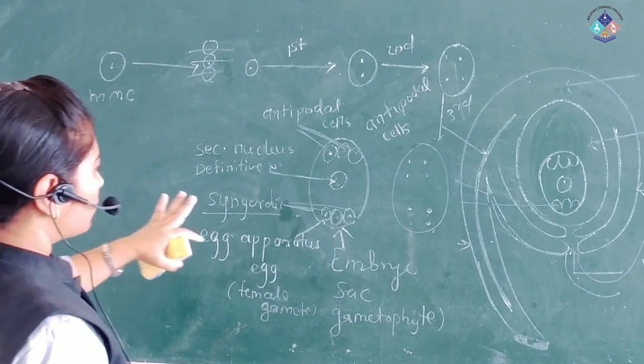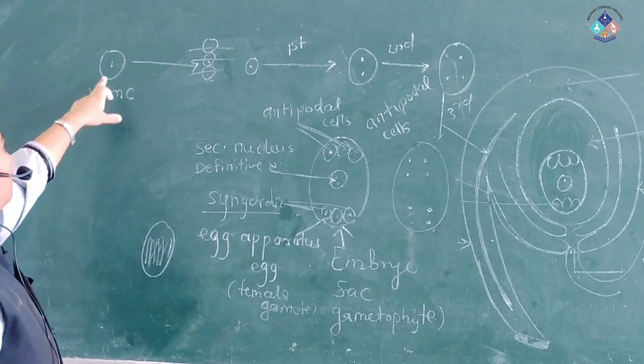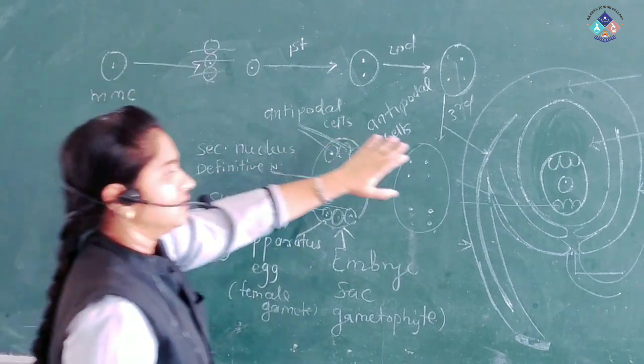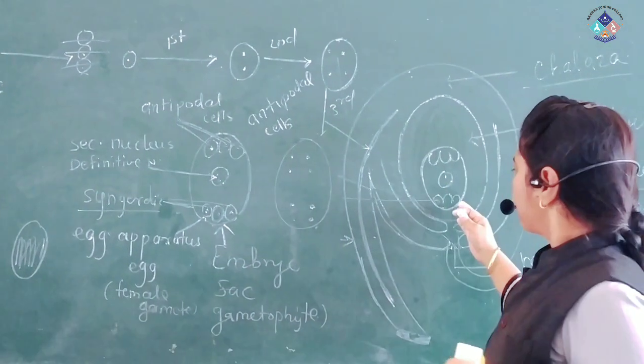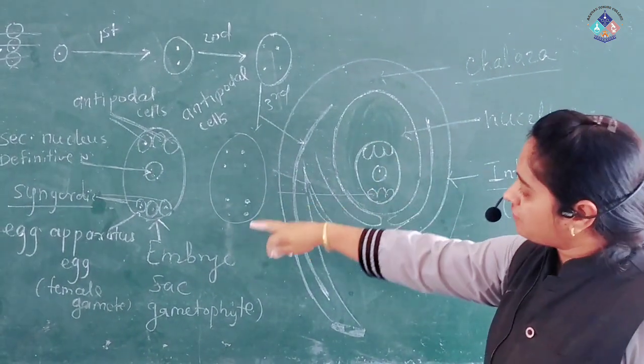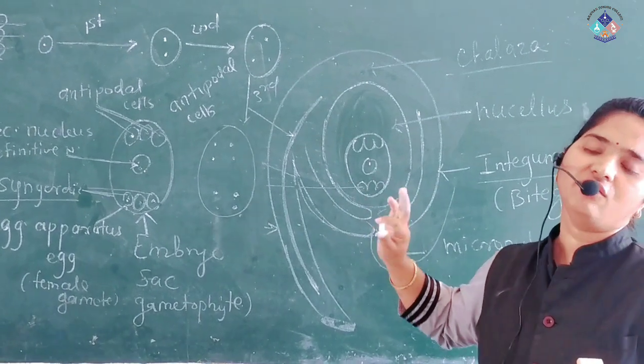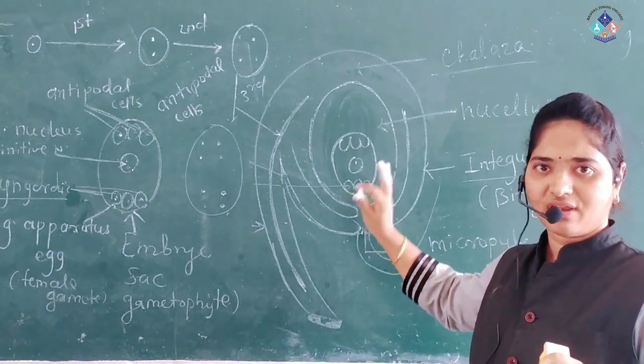This is the structure of the embryo sac, and it is developed from the megaspore mother cell, which is a cell of the nucellus. For the development of the female gametophyte, 1 meiosis and 3 mitosis divisions are required. Very important.